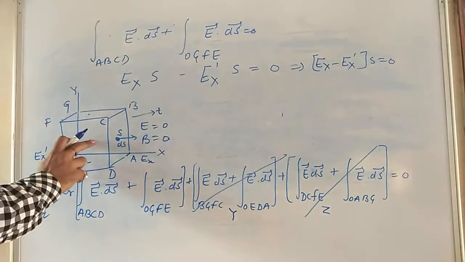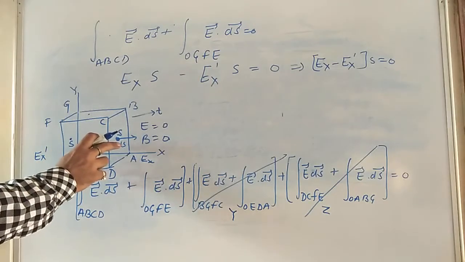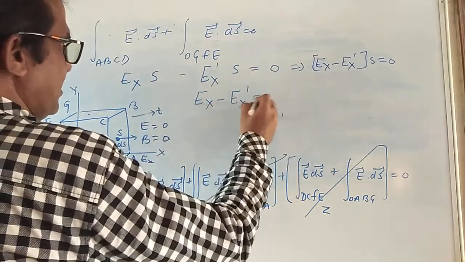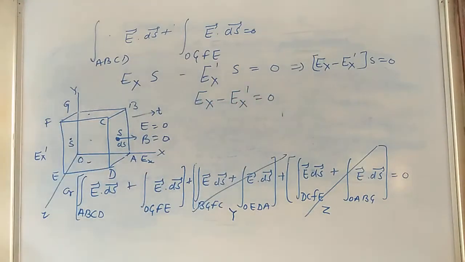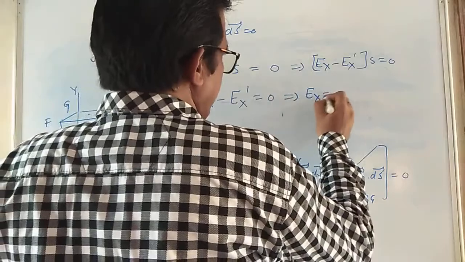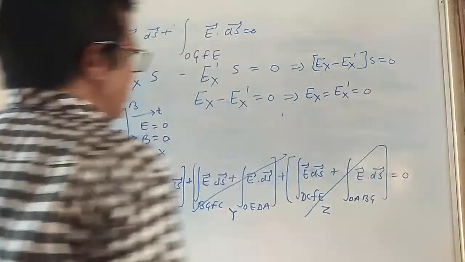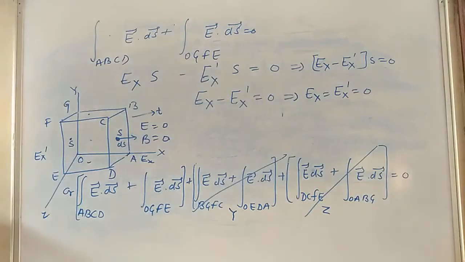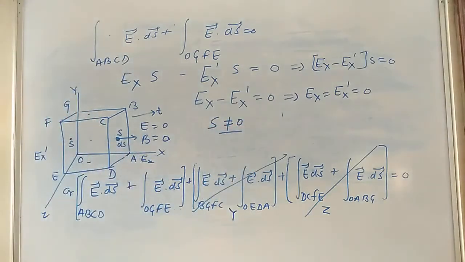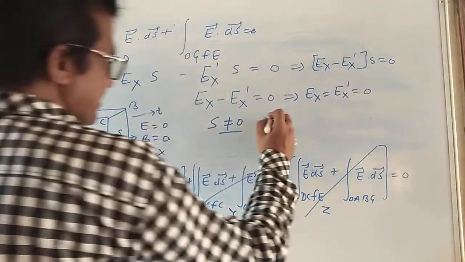Children, the area can never be 0, so this is true only if Ex minus Ex dash is equal to 0, or Ex is equal to Ex dash. Since the area cannot be 0, the possibility here is Ex is equal to Ex dash.